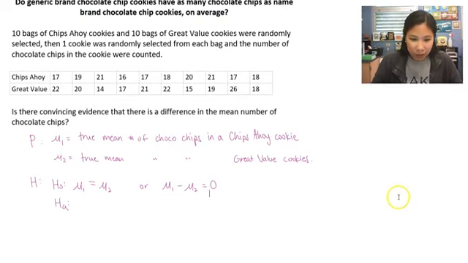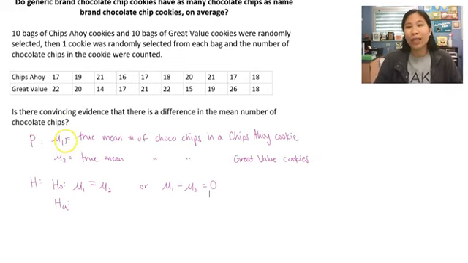Then our alternative is based off of the question, what we're trying to find evidence for. Is there convincing evidence that there is a difference in the mean number of chocolate chips? They didn't say anything about one being bigger than the other. They just want to know if there's a difference, whether it's going to be the same number of chocolate chips on average, or if one is going to be bigger.